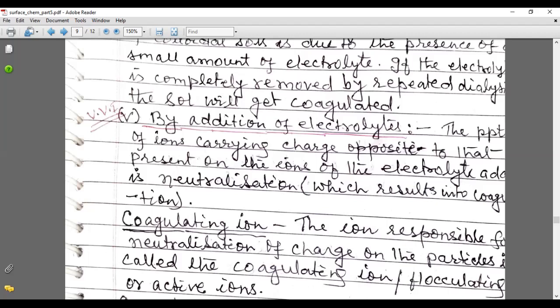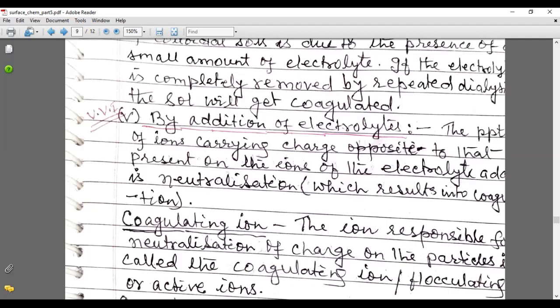Now, coagulation value or flocculation value. The minimum concentration of the electrolyte in millimoles that must be added to 1 liter of the sol to bring about complete coagulation in 2 hours is called the coagulation value or flocculation value of the electrolyte for the sol.